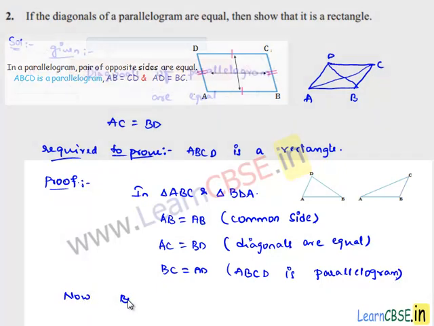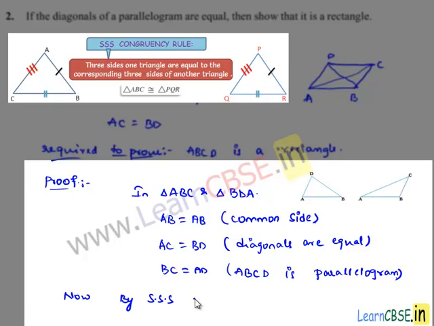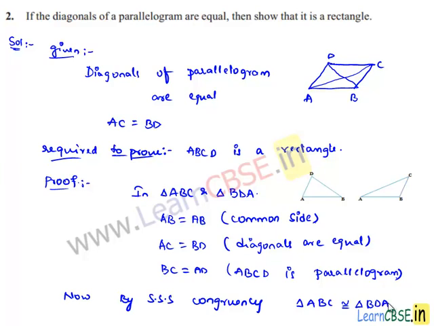Now by SSS congruency we can say that triangle ABC is congruent to triangle BDA. Now as triangle ABC is congruent to triangle BDA, we can say when two triangles are congruent, then their corresponding angles and sides will be equal.